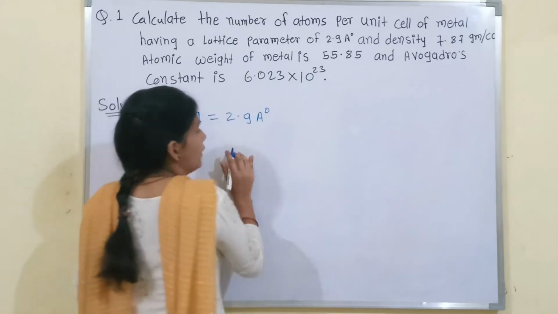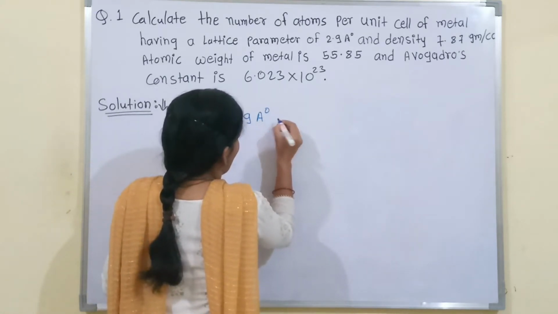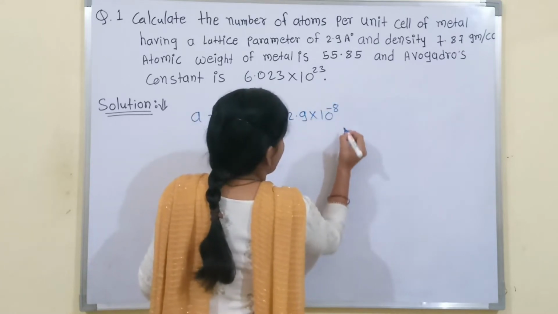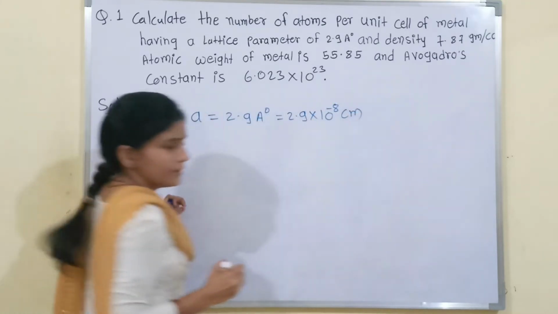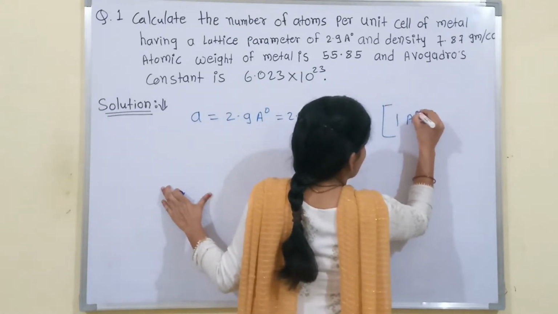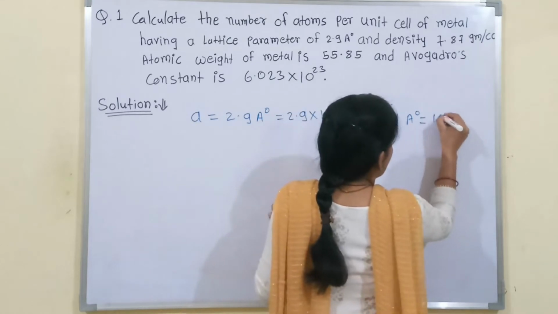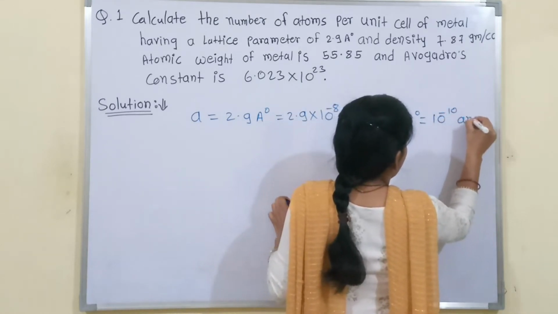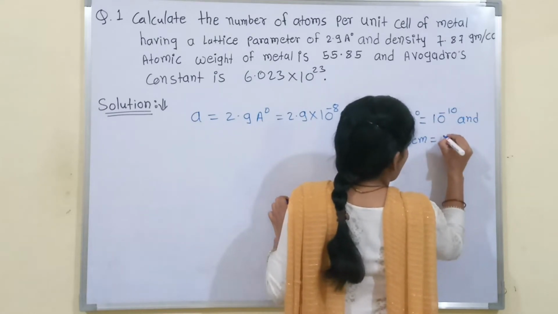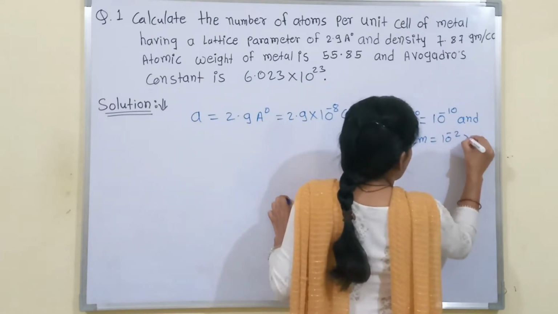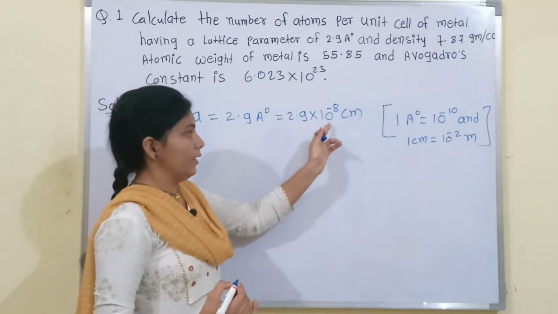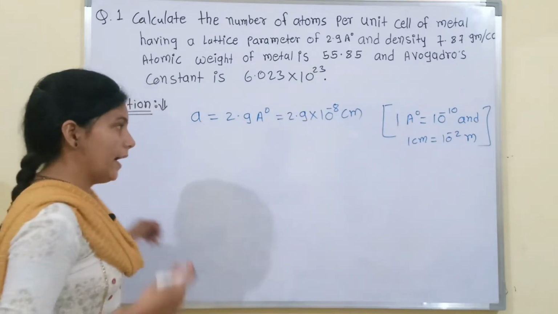We should multiply it by 10 raised to minus 8, because we know that 1 angstrom is equal to 10 raised to minus 10 meter and 1 centimeter is equal to 10 raised to minus 2 meter. So we can simply write here 2.9 into 10 raised to minus 8 centimeter.